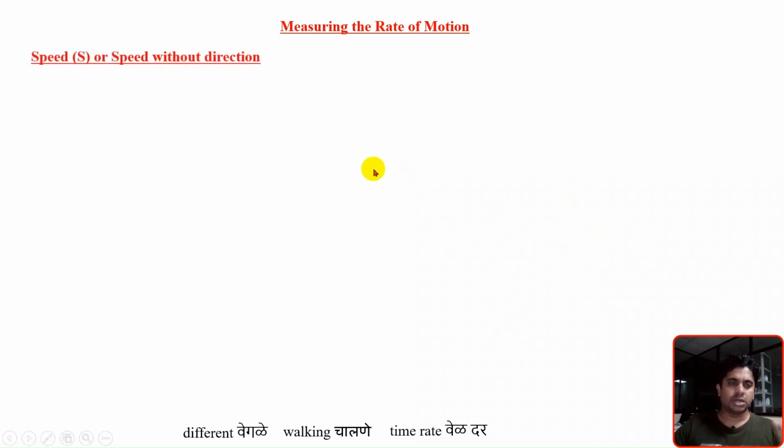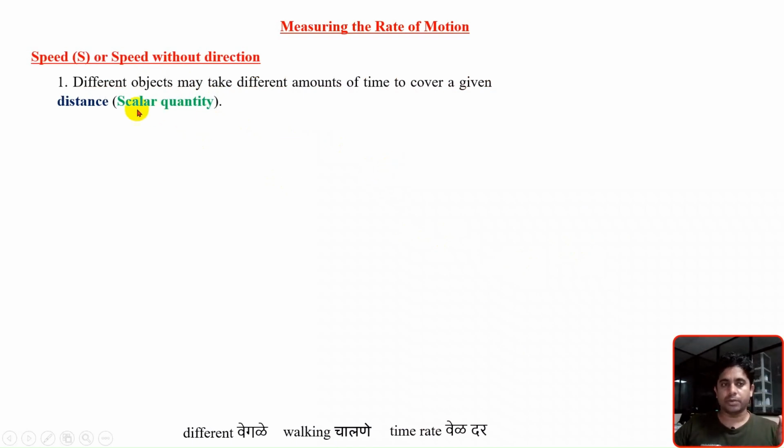So speed without direction, or just speed. What does it mean? Different objects take different amounts of time to cover a given distance. The same distance can be covered by different objects in different times. It is possible. One more important thing here is that we are talking about distance. As we know, distance is a scalar quantity.